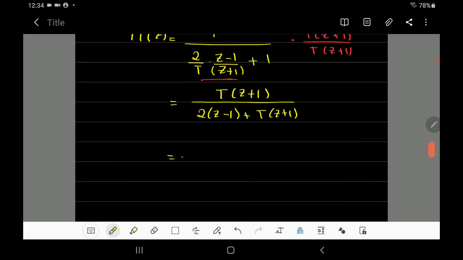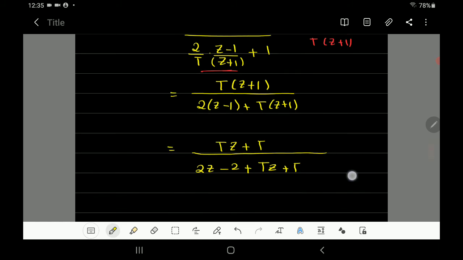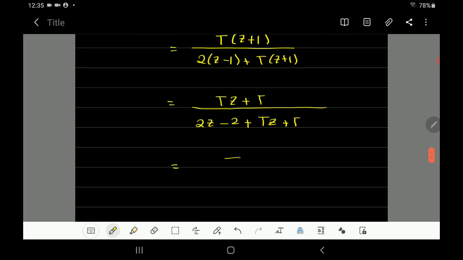Let's simplify it. T times z will be Tz plus T. On the bottom, 2z minus 2, and this one plus Tz plus T. Simplify it more.